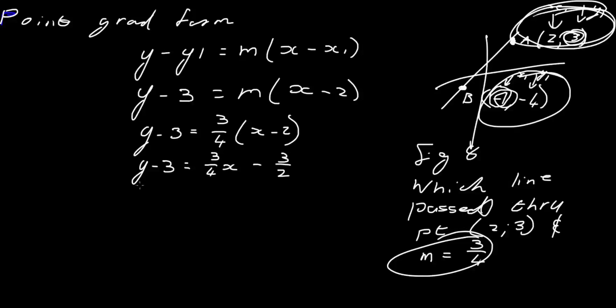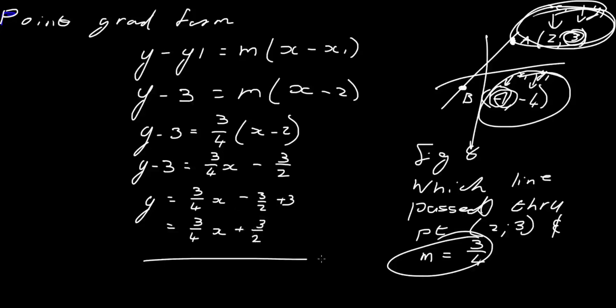Then we just take this minus 3 across. y equals 3 over 4 x minus 3 over 2 plus 3, which gives us plus 3 over 2. And there you go.